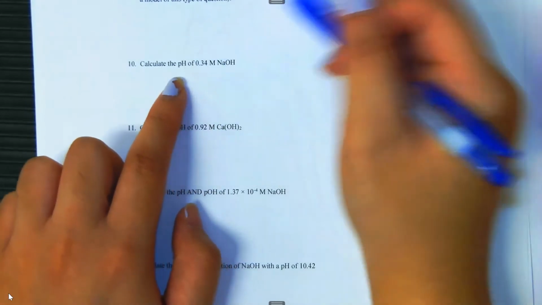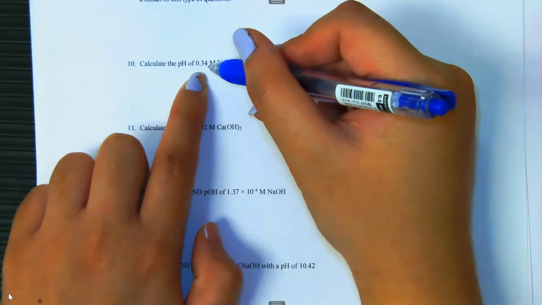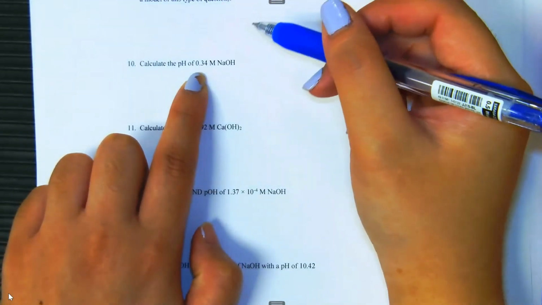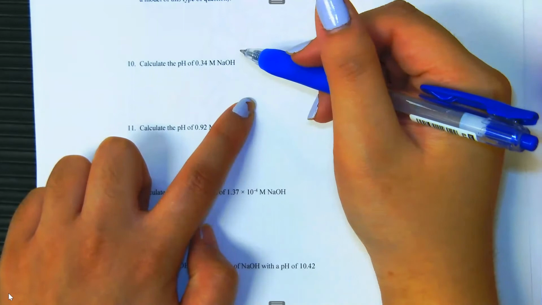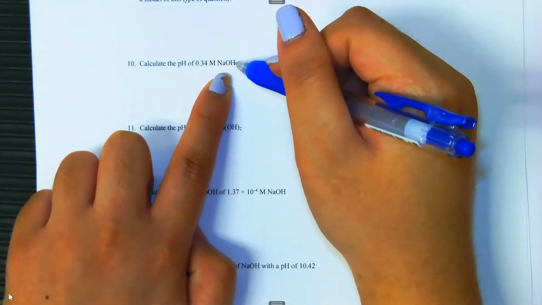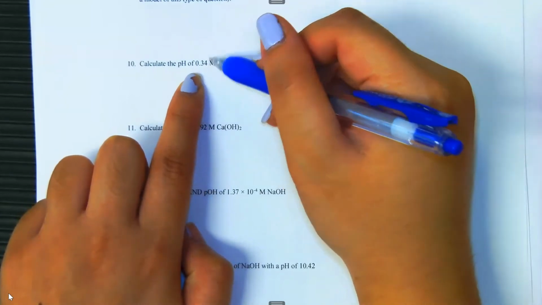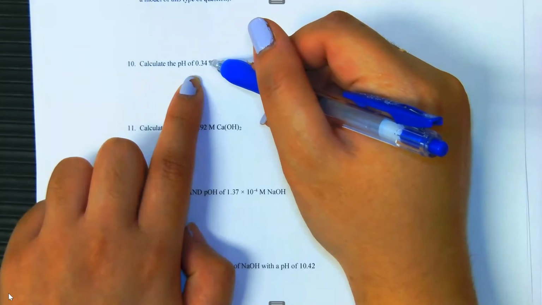It's perfectly fine to say, okay, that's great, let's just take the negative log of this number and then we get the answer. That works just fine for a strong acid. This is not a strong acid. This is a strong base. So make sure that when you take the negative log of this number, you're actually finding the pOH and not the pH.